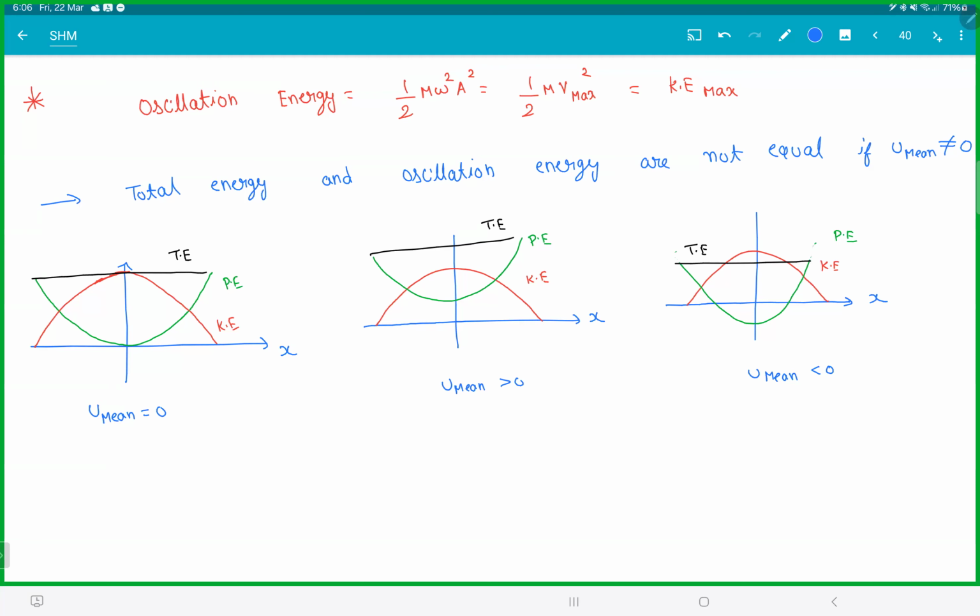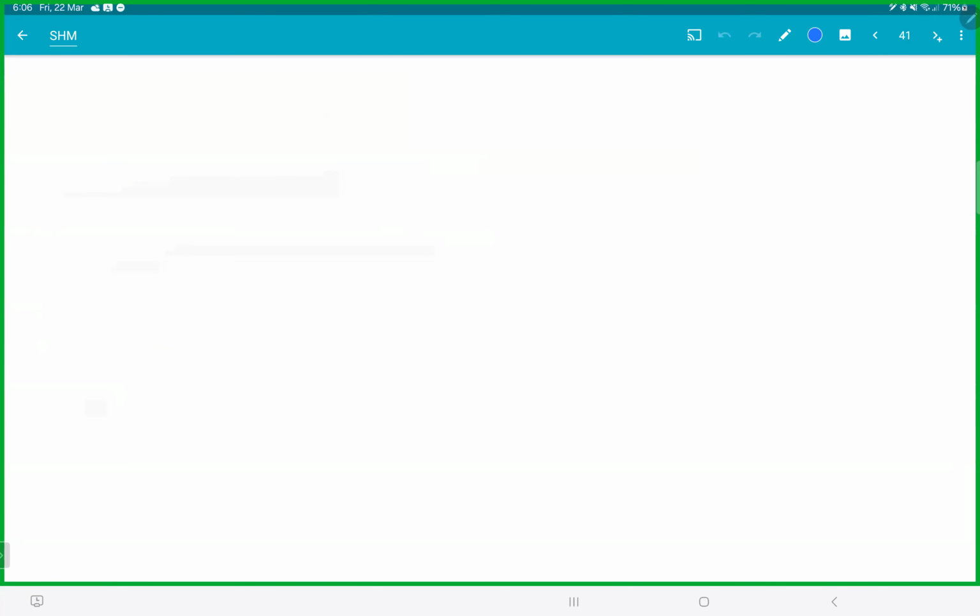Now, if I try to draw the same graphs as a function of time, x is equal to a sine omega t, v is a omega cos omega t.